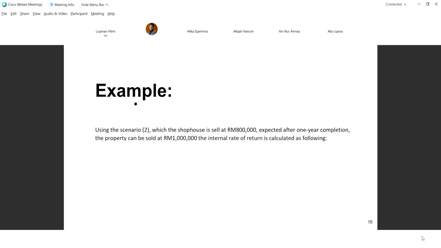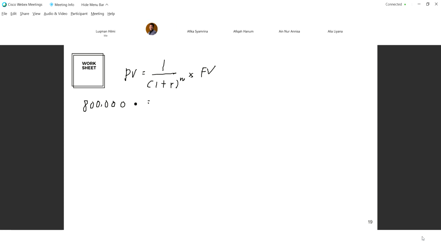Dan selepas 1 year after completion, dia kata dia boleh jual pada 1 million. So, it's quite simple one. So, for now, dia nak jual pada 800,000. In the future, dia nak jual pada harga 1 million.